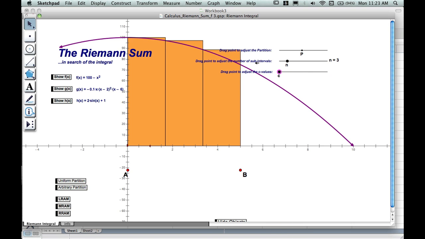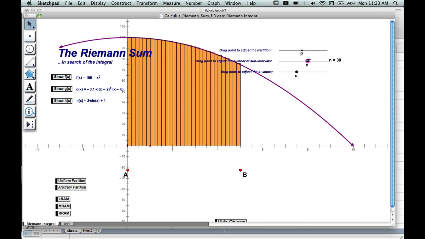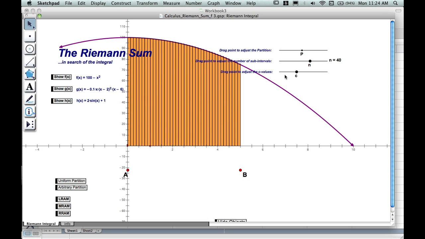And as you can see, with a small number of rectangles, the difference between LRAM and RRAM is how much area changes as I move this back and forth. If we increase the number of rectangles to 40, it looks like that. And then the difference in area from one estimate to the next, LRAM to RRAM, is getting smaller because the rectangles have less opportunity to vary.